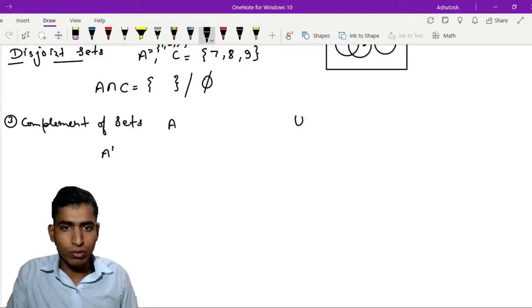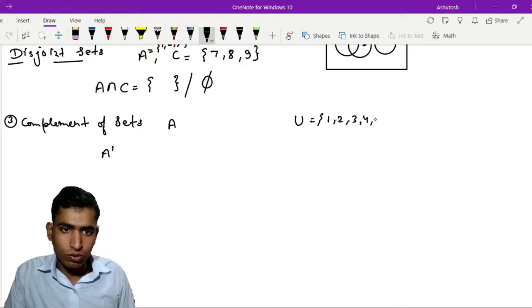Let's say the universal set is 1, 2, 3, 4, 5, 6, 7, 8, 9, and 10.